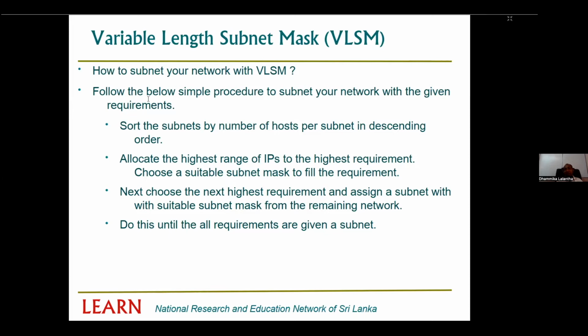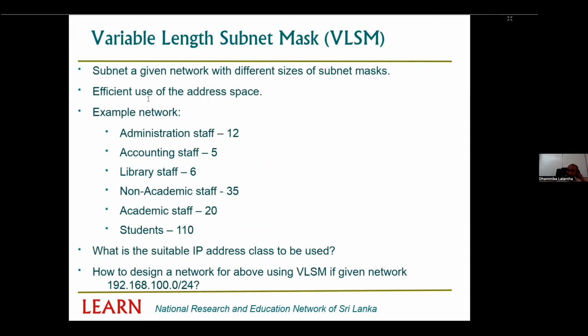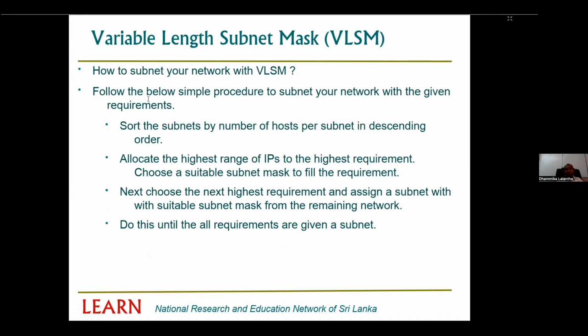In the previous example, the highest requirement was 110 students, so it will be given the first addresses from the given network. Likewise, we choose the next highest requirement and assign a subnet from the given network.